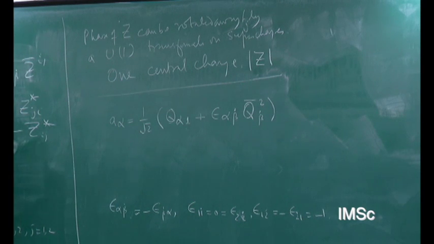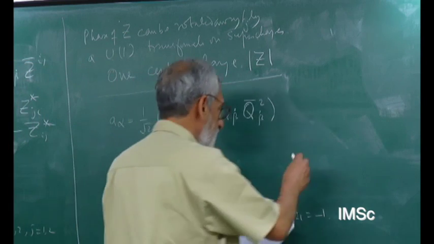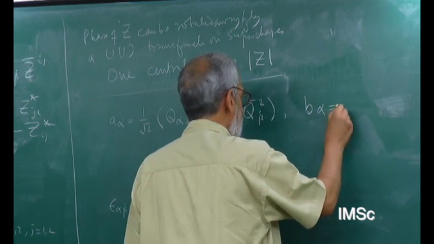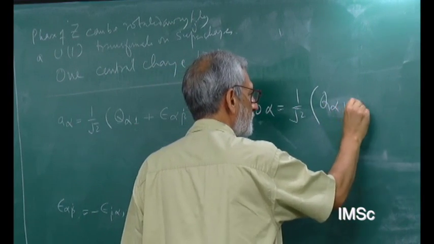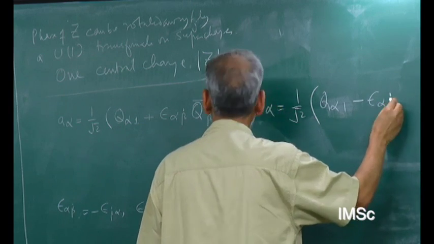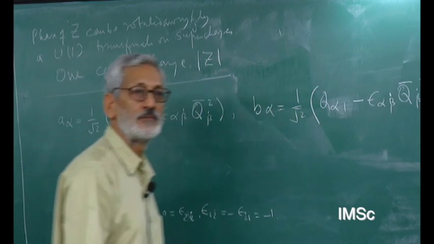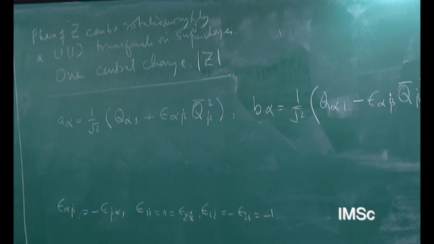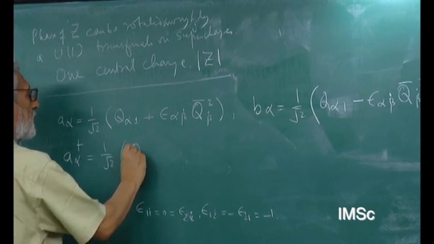So you construct a linear combination of Q's, and construct an orthogonal combination, call it B alpha. And A alpha dagger is the conjugate of this.